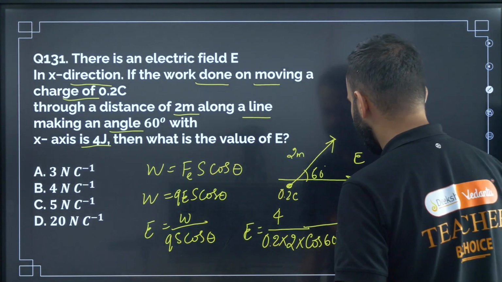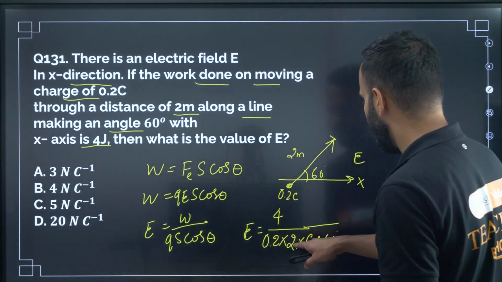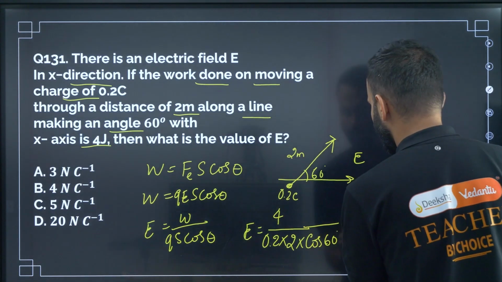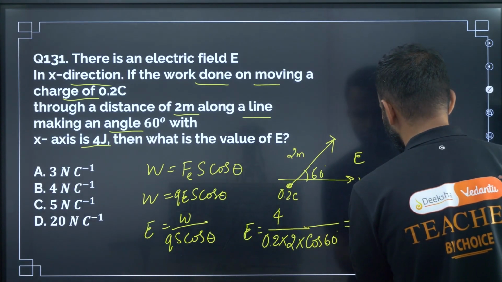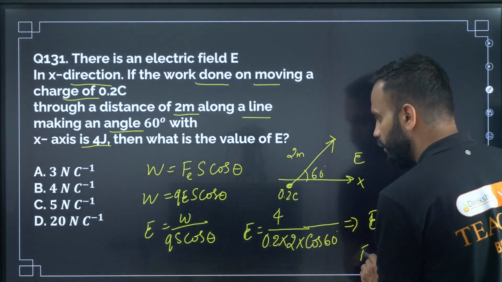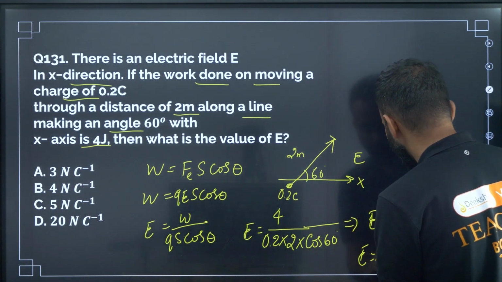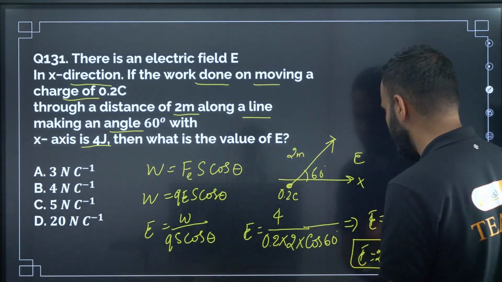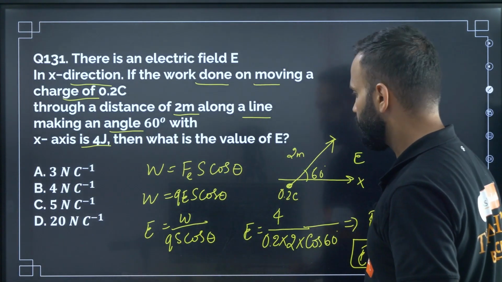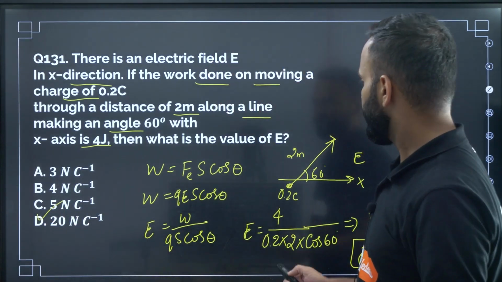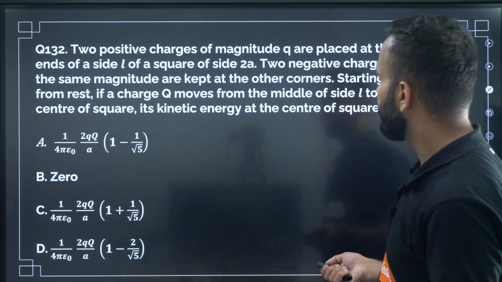Cos 60 degree is 1 by 2, so the 2 divided by 2 gets cancelled. So E equals 4 divided by 0.2, which is 20 newton per coulomb. So the correct option is D. Next question, question number 132.